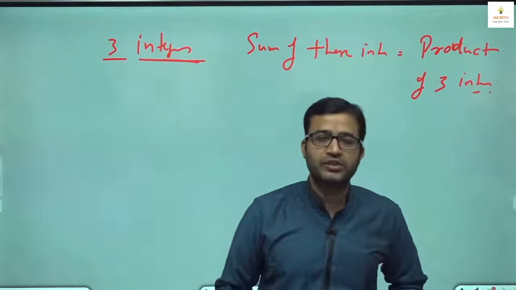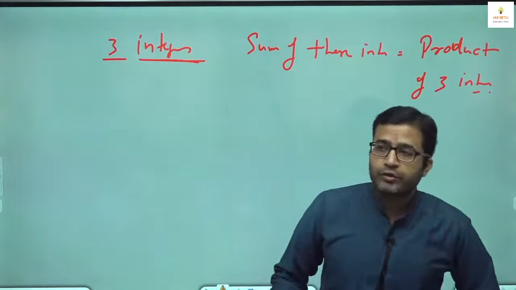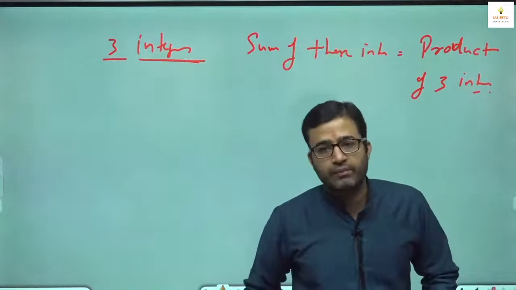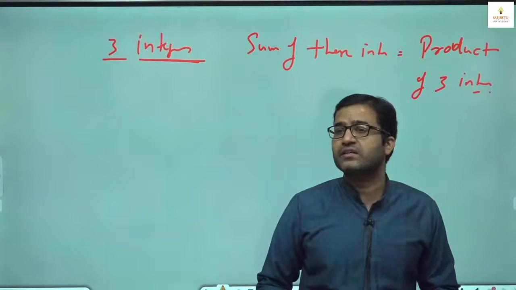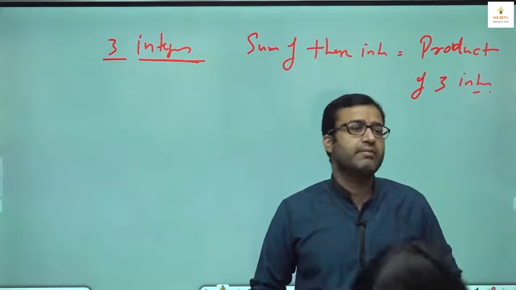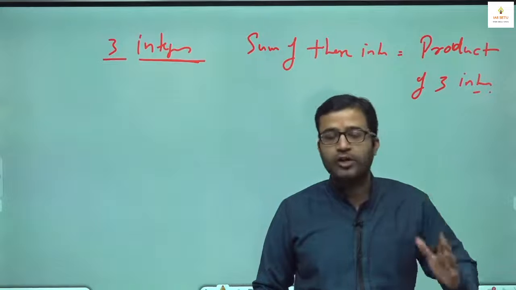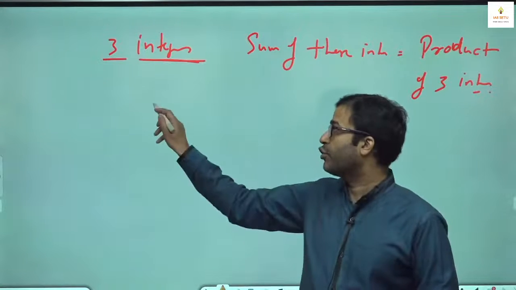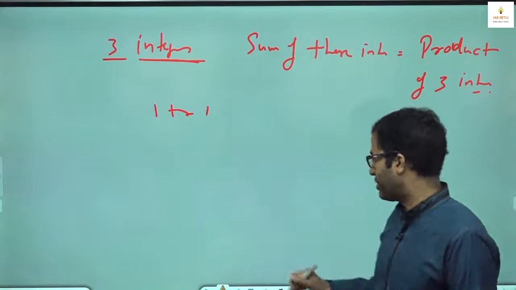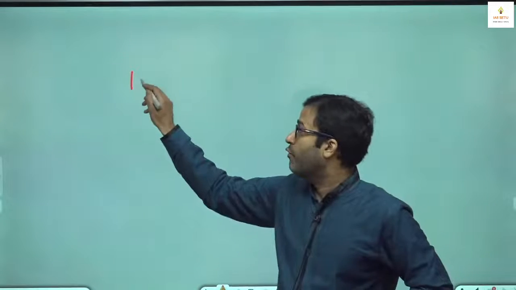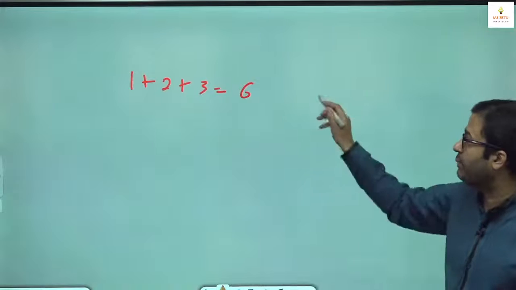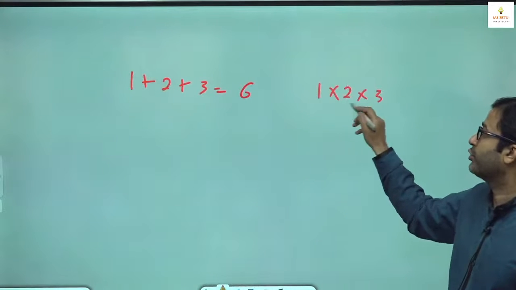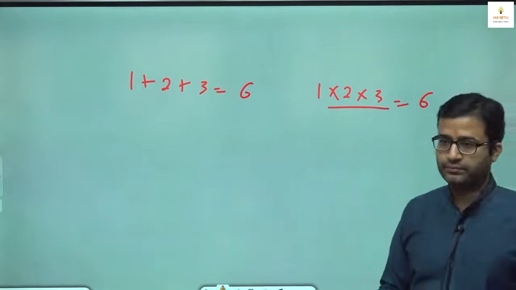Okay, let me make this question easy for you. Can you tell me the triplet of 3 natural numbers where you add these 3 natural numbers and you multiply these 3 natural numbers, and you get the same result? 1, 2, 3. Yes. 1 plus 2 plus 3 gives 6, and 1 into 2 into 3 also gives 6.